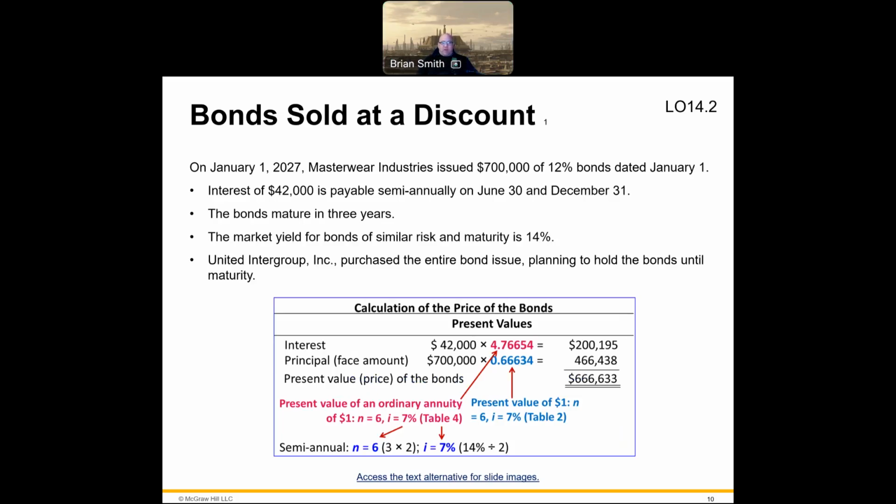So our present value interest amount is $200,195, and the principal amount of 700,000 is going to be discounted at the same 6 periods at 7% from the present value of a lump sum, and that's going to give us $666,633. That is how much we're going to get in cash.